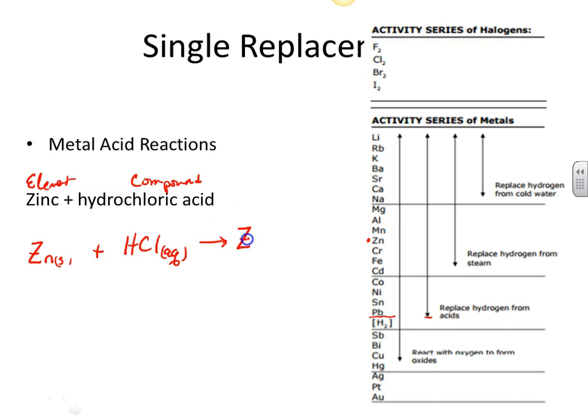So that means zinc is going to combine with chlorine, and that's going to produce hydrogen gas. Keep in mind that zinc is a positive 2, chlorine is a negative 1, so it's going to be ZnCl2. We have 2 chlorines and 2 hydrogens, so we need a 2 in front of HCl to give a balanced equation. This would be aqueous, and this would be a gas.